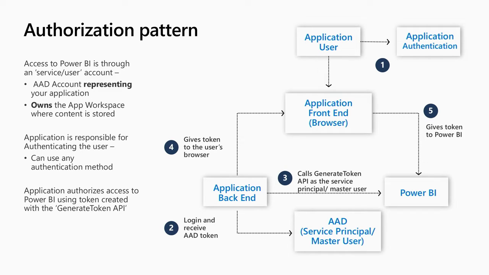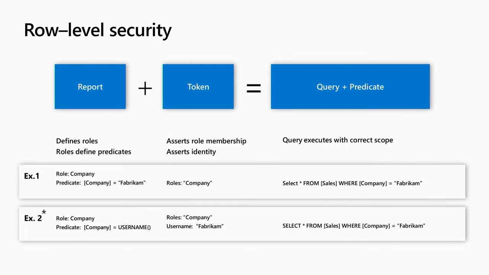The second topic I want to talk to you about is row-level security. When you generate a token, you can designate a user, the artifact itself, the permission level, and then the data they're allowed to view. That refers to the data layer, sorry, and role-level security comes into play.